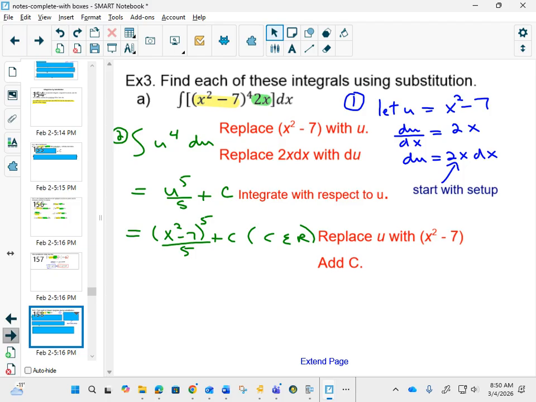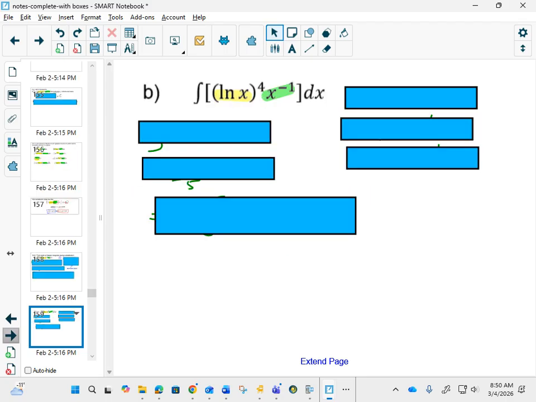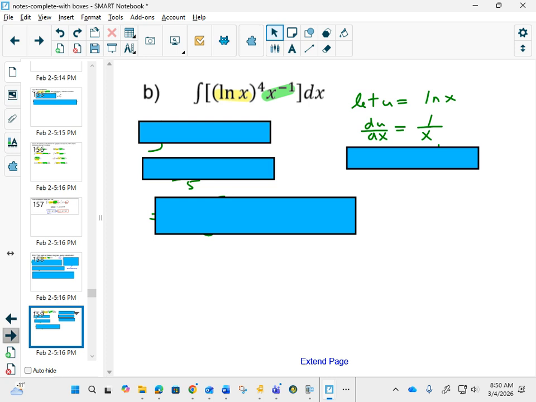And we'll get to ones like that eventually. To start off, though, we're going with ones that work out really nice. Like this one works out really nice because I see the natural log of x. The derivative of the natural log of x, so if I make u my natural log of x, the derivative is 1 over x. So I can get du by itself by writing x to the minus 1 dx.